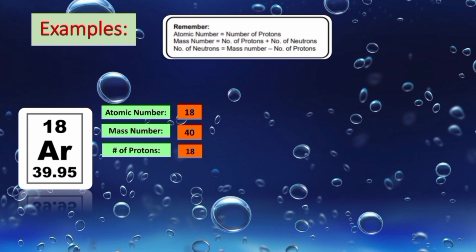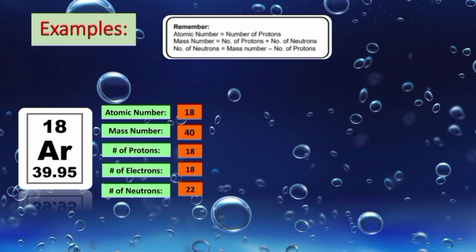Parehas lang ang atomic number at ang proton number. Next, what about the number of electrons? So, you have to know, neutral ba to? Yes, it's neutral. Wala siyang charge. Therefore, the number of electrons is also 18. Parehas lang sila ng protons. And finally, ilan ang neutrons? So, use the formula, mass number minus the number of protons or the atomic number. So, 40 minus 18, it'll give you the answer, 22.